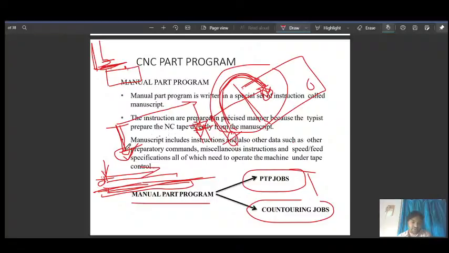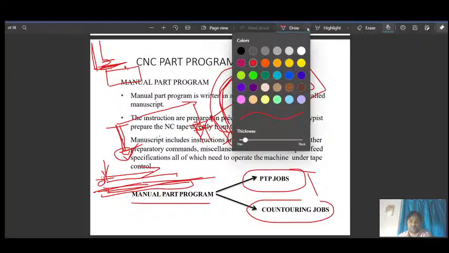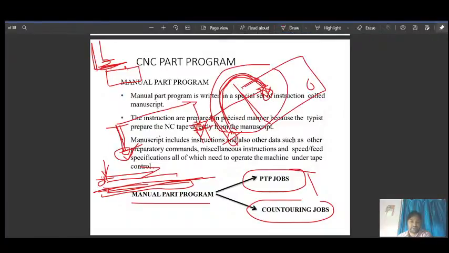Okay, another case: you retract the tool here and then quickly move directly here. Let me use a different color. As you can see, the movement of the tool is not straight, it is inclined.